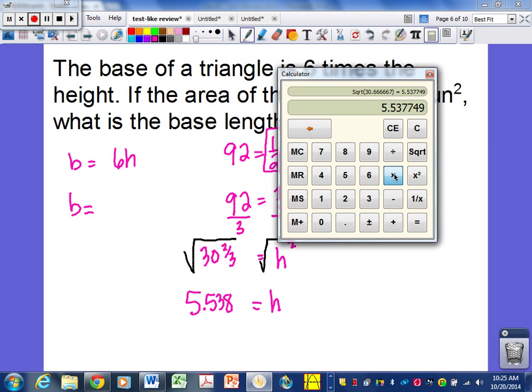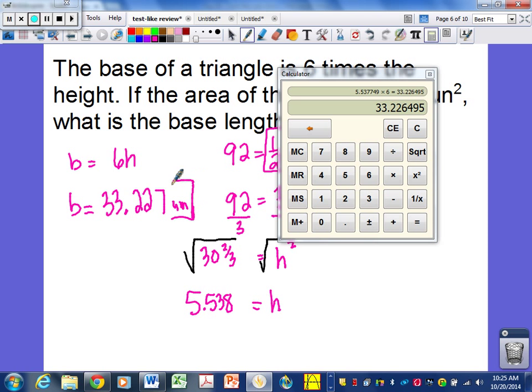So over here in the calculator, times 6, 33.22, we'll go with 7 just for funsies, units. Got that one way wrong? We'll now get it way right tomorrow.